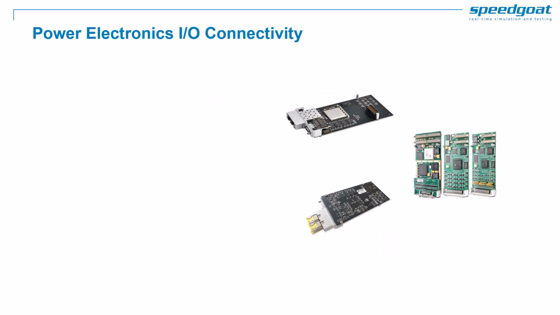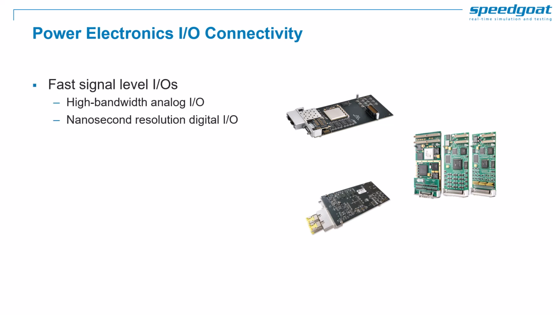For prototyping converter control designs or for testing converters and their controllers, you need to connect your test system to your power electronics hardware. To do so, you can leverage Speedgoat's fast signal level I/Os and thereby benefit from high bandwidth analog interfaces and nanosecond resolution digital I/O for PWM generation and capture, resolver, quadrature encoder, or SPI.